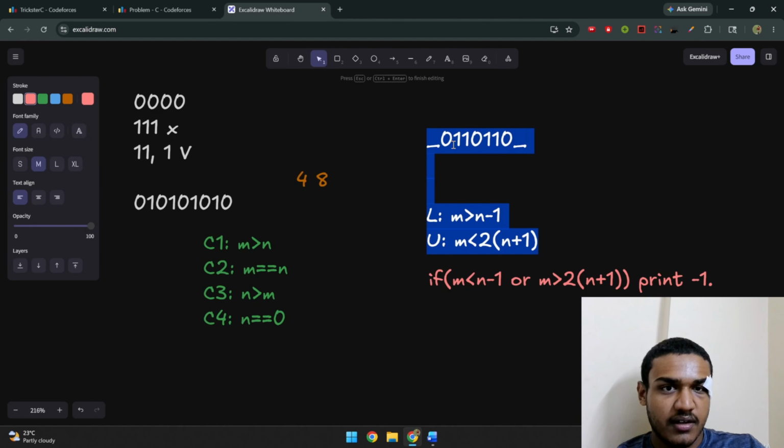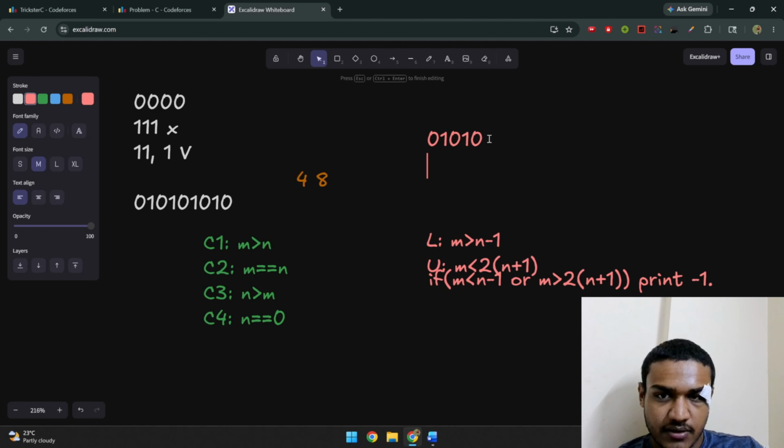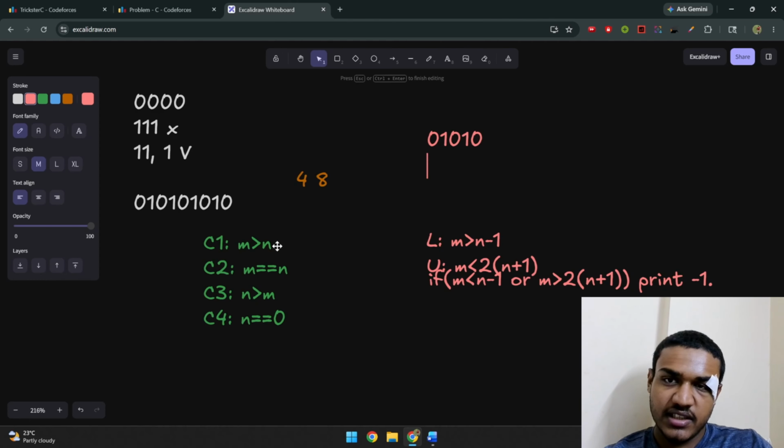So we'll have a singular one and a singular zero to ensure that this doesn't happen, right? But if we have an excess of ones, which is what we're seeing here, m greater than n, we can use that to our advantage, and we can print two ones together and one zero together. So if this pattern were to repeat, it'll look something like this.